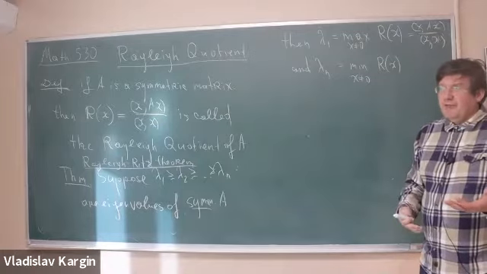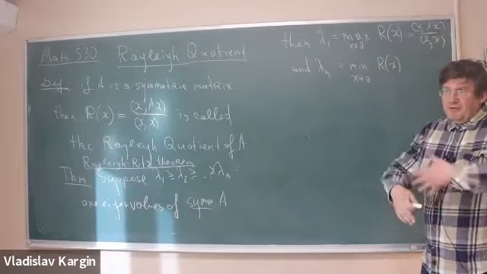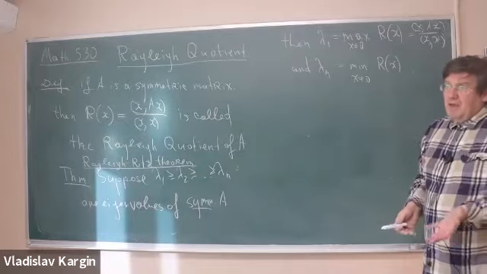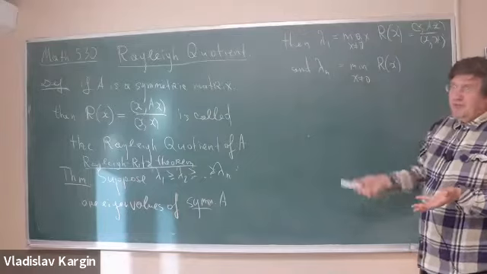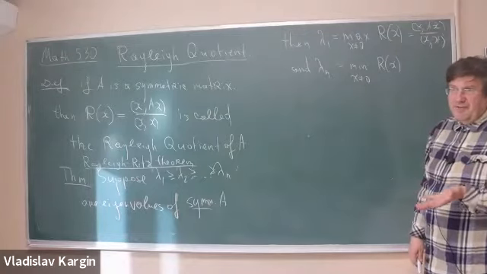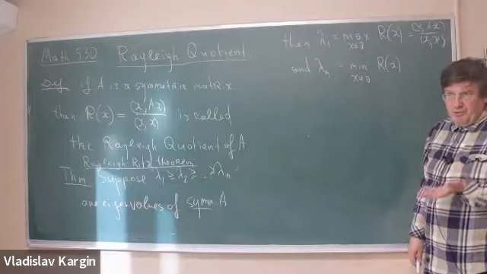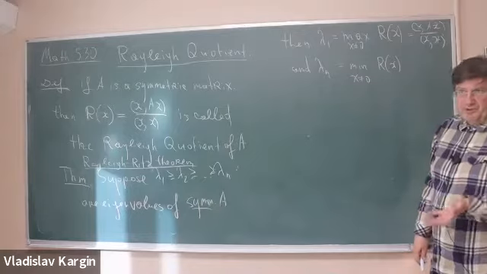It was something like a membrane which was vibrating, and lambda 1 through lambda n were the possible frequencies of the vibrations.